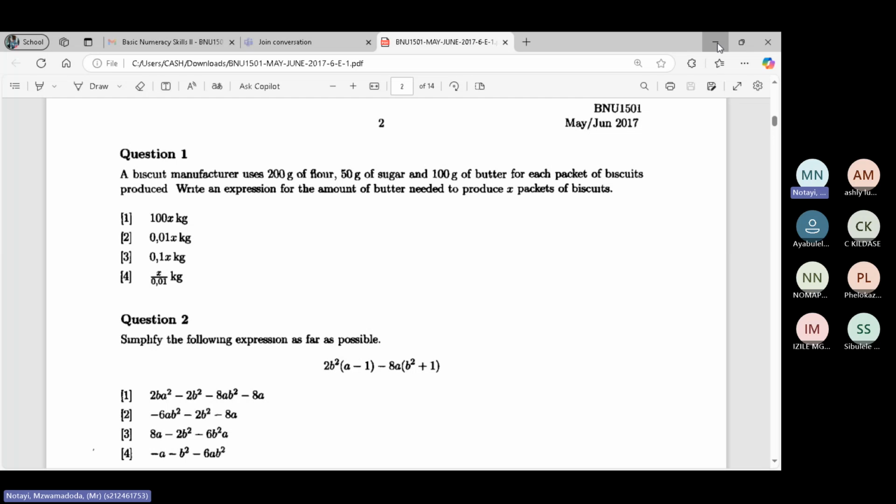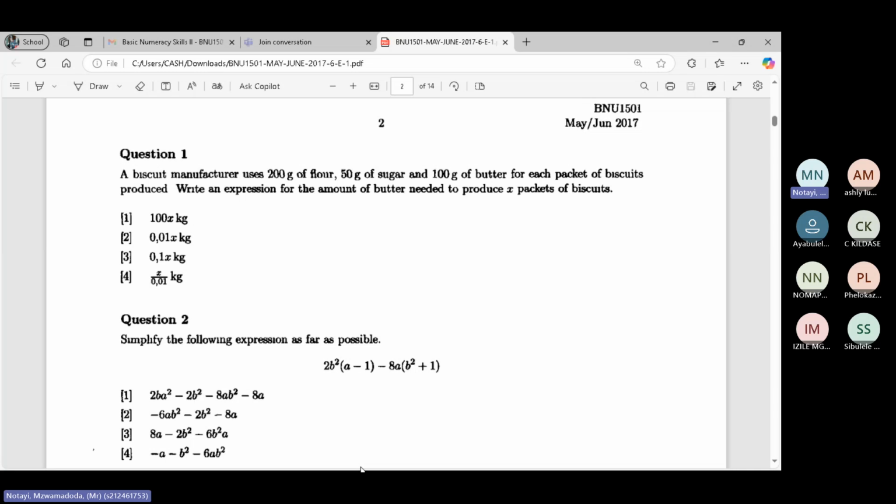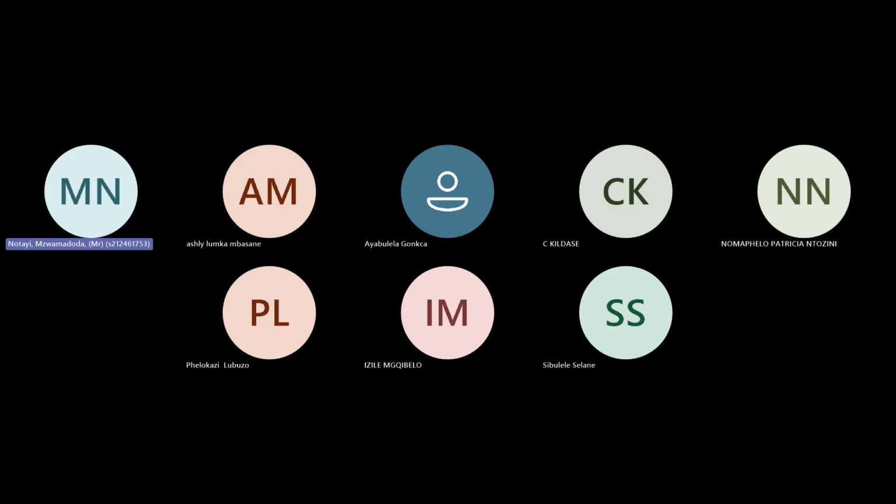Okay, another question that we can quickly look at in 3 minutes is the second question, which is: simplify the following expression as far as possible. Remember when we dealt with the first session, we dealt with the simplification of algebraic expressions.